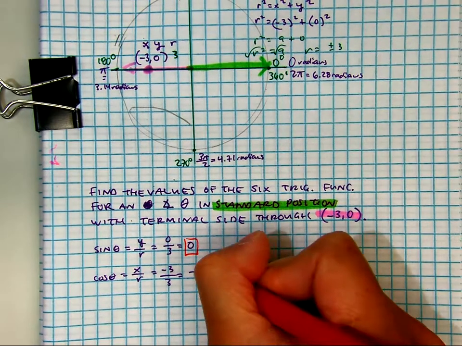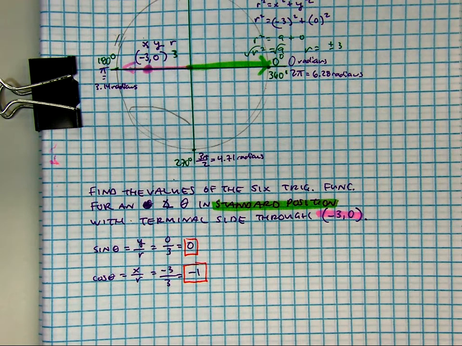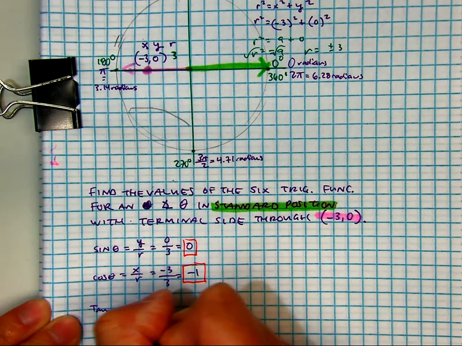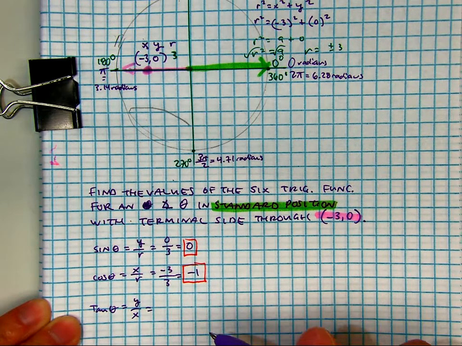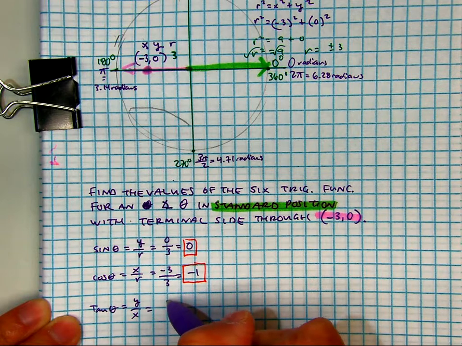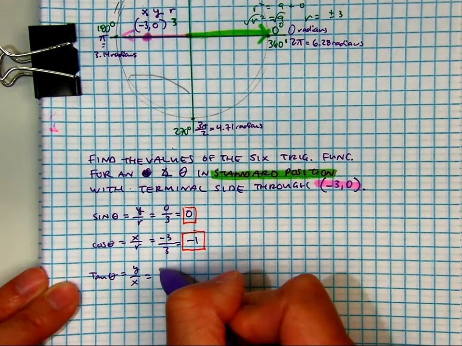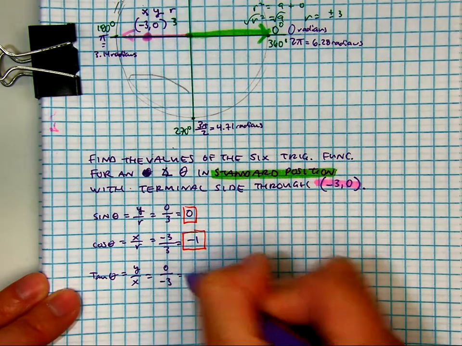Sophie. Yes? Zero over negative 3 equals? 0. Thank you. Brianna?